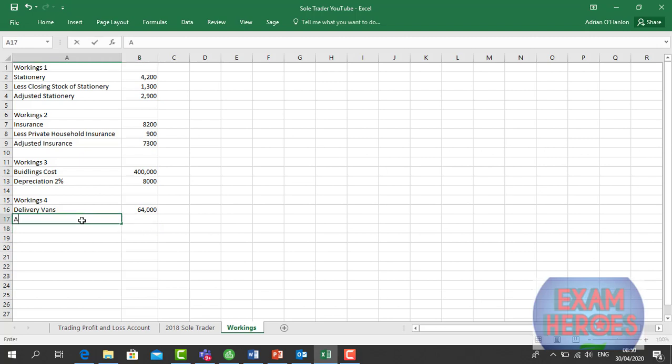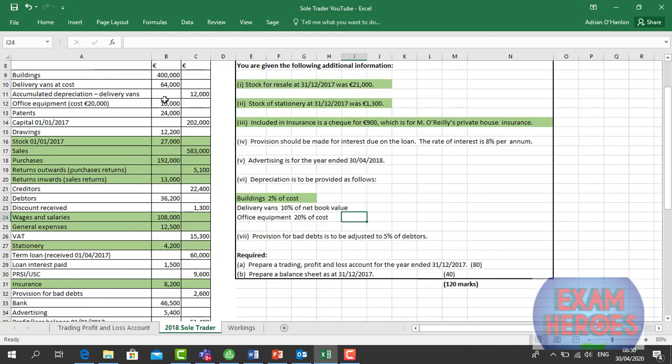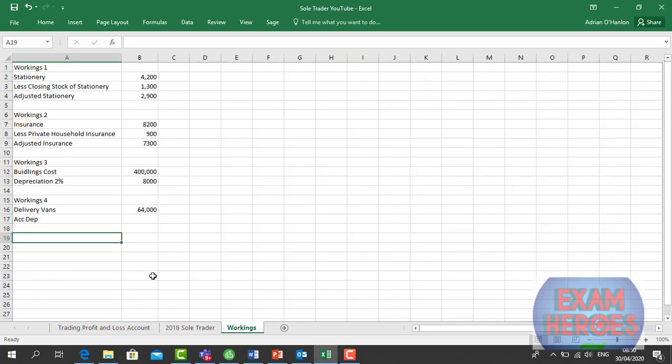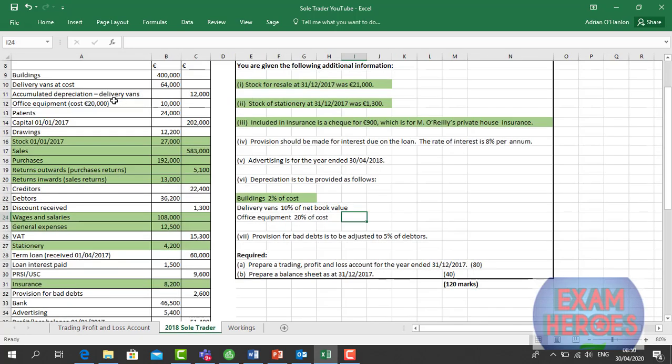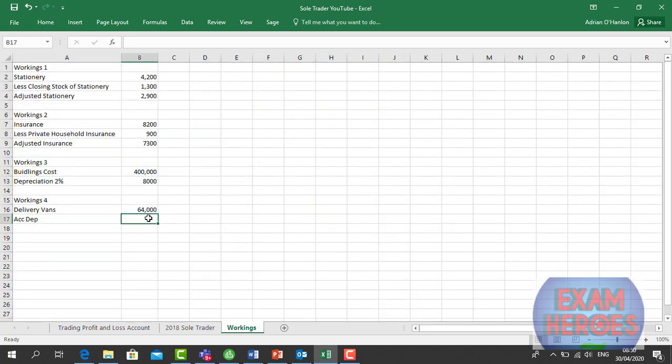Getting accumulated depreciation is 64,000 euros. Sorry, my mistake. It's 12,000 euros. That's 12,000 euros. And then that will give us the net book value, NBV. So I'll just get the cost.